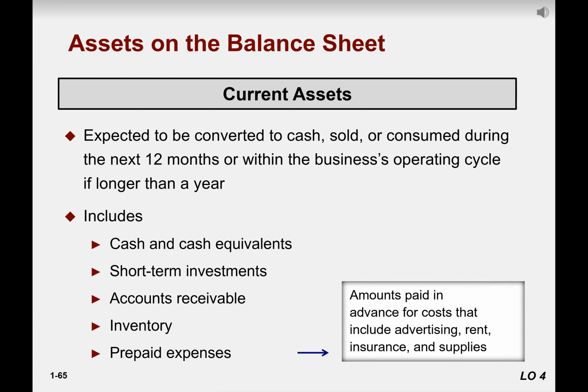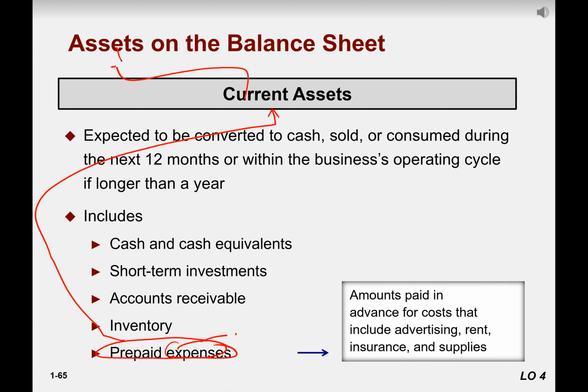That is your right to stay in that building for the next 2 months, but you already paid, remember. So its name is prepaid expense, but it is not expense alone. It is your current asset. Right, guys? So don't be confused by the word expenses here. Prepaid expenses are your assets.